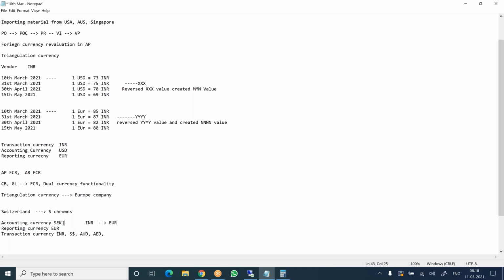Then on 31st March, 30th April or 31st May, if I execute this foreign currency revaluation, any loss or gain will be updated, so that in the first week of every month I can generate the profit and loss report and see the profit or loss. Here it is not about payment or invoice. If the invoice is done and payment is not done, then it will come into the foreign currency revaluation process. Okay, got it. Thank you.